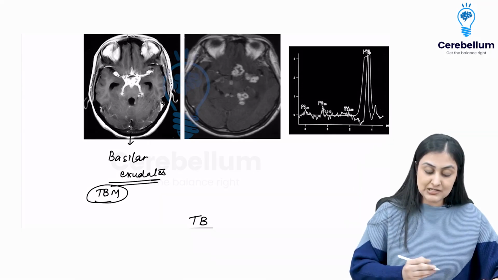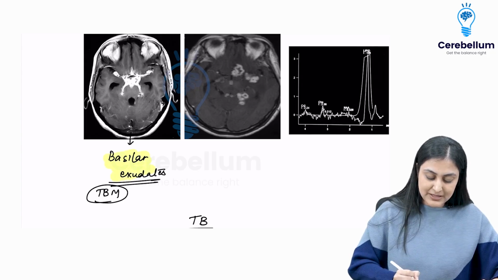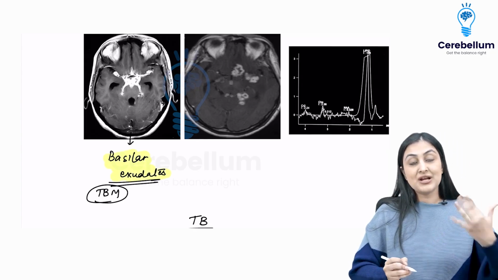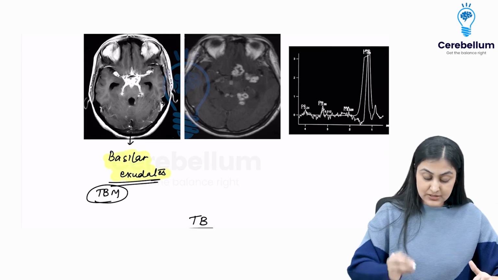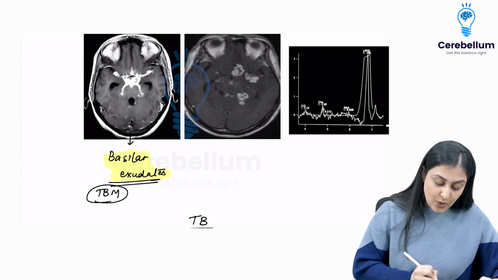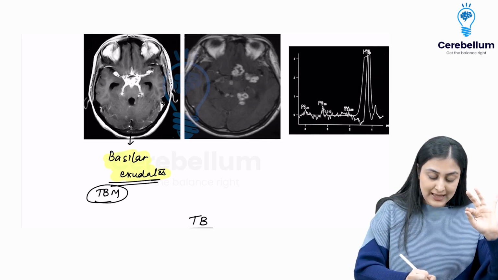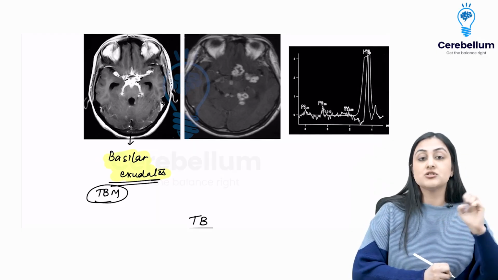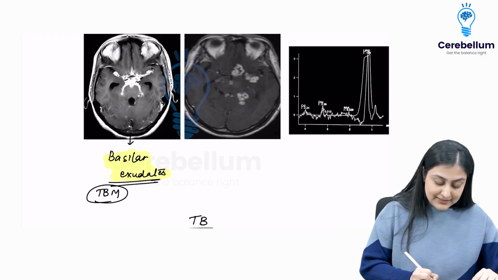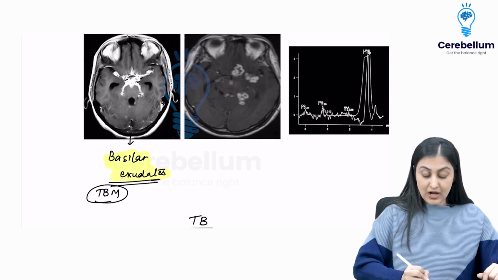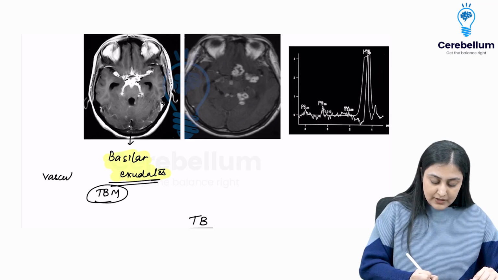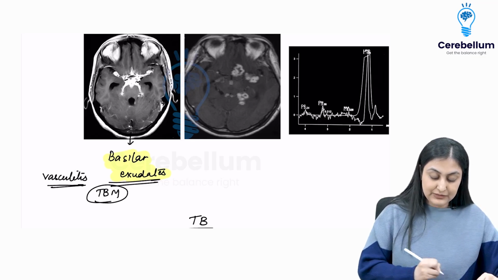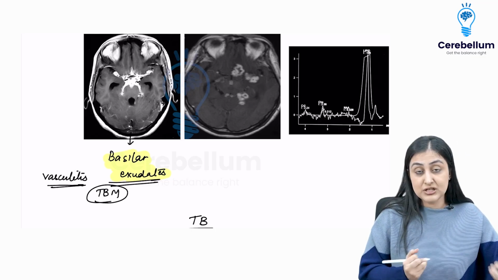So TB meningitis, remember, you have these thick basilar exudates which can result in a few complications. What are the complications? One, it can lead to the narrowing and vasculitis of the circle of Willis vessels, and that can lead to infarcts, right? So it can lead to vasculitis because of inflammation, because this is where the circle of Willis lies.